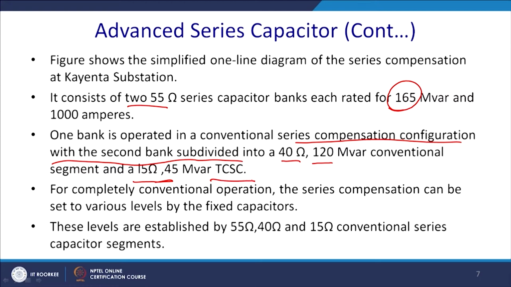Thus, for completely conventional operation, this series compensation can be set to various levels by the fixed capacitor. These levels are established by 55 ohm, 40 ohm and 15 ohm conventional series capacitor system.